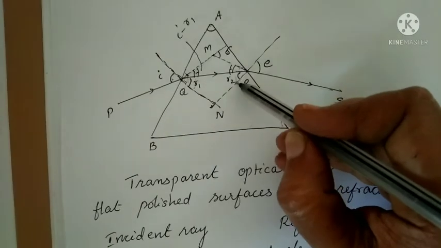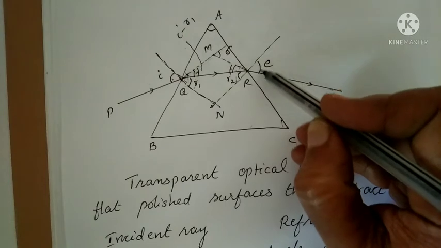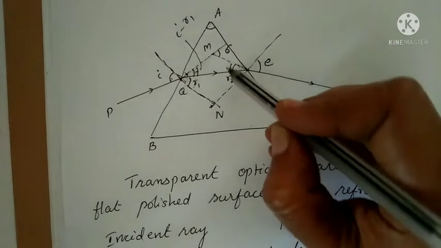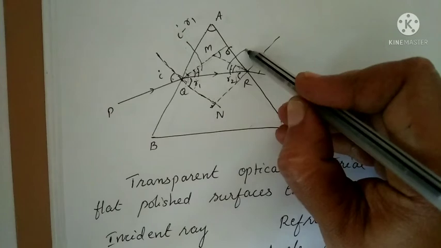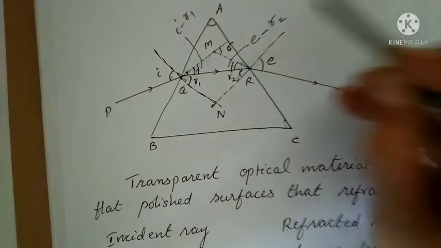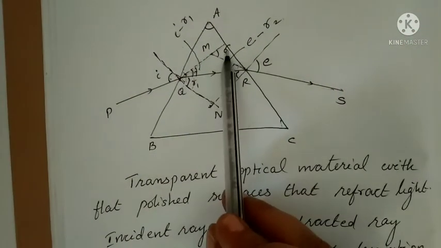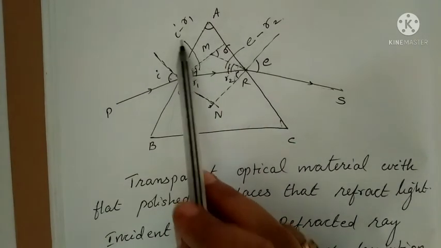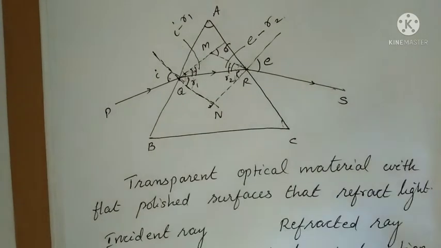Similarly, this total angle is the emergent angle E. So we can write E minus this R2. Clear? So we can write the exterior angle delta equal to I minus R1 plus E minus R2.